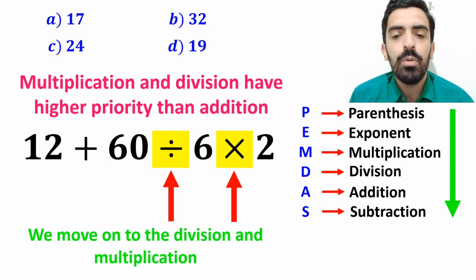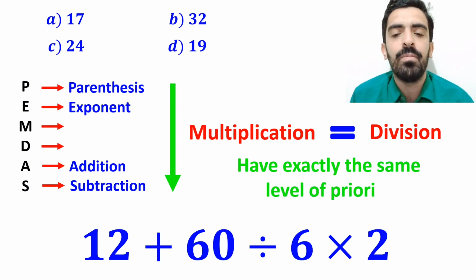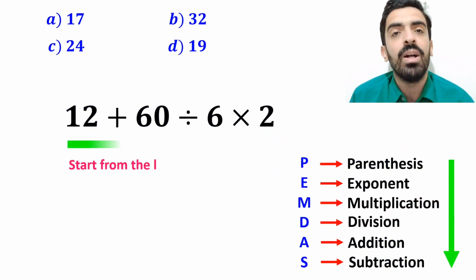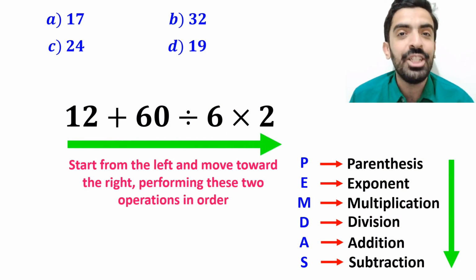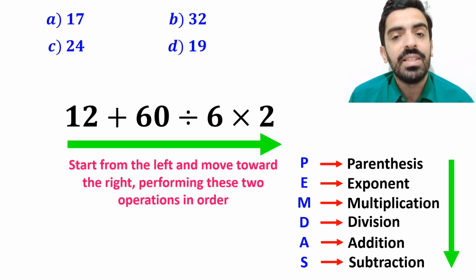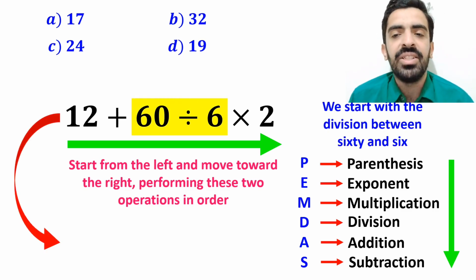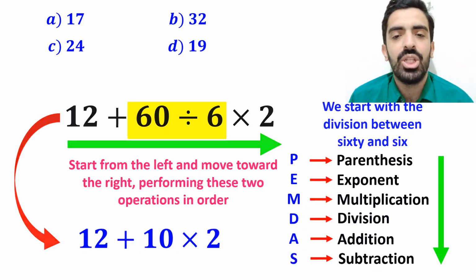However, it's very important to note that multiplication and division have exactly the same level of priority. In this situation, the best approach is to start from the left and move toward the right, performing these two operations in order. So, first we start with the division between 60 and 6, which simplifies this expression to 12 plus 10 multiplied by 2.